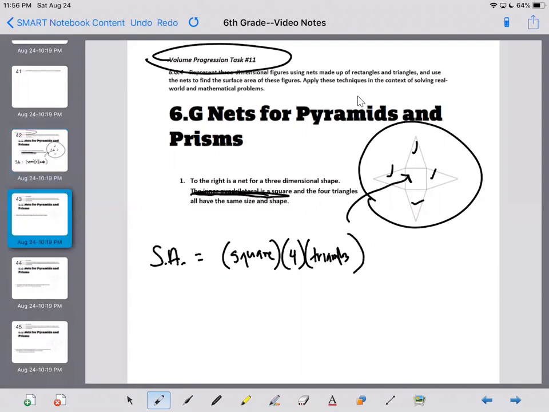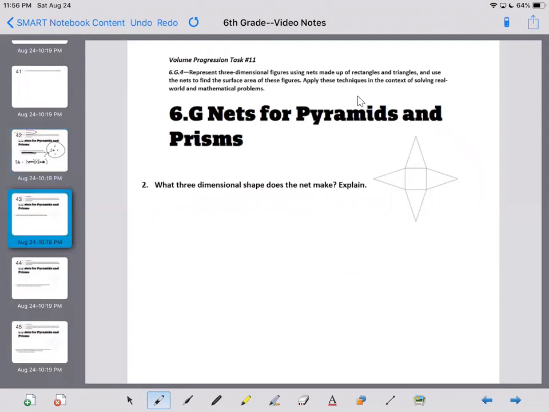All right, so what do we know? The three-dimensional shape, okay, what three-dimensional shape does this make? So we want to look at, well, what is this base? What's that base shape? Well, we said it was a square. And notice that when the 4 triangles come together, they come together at a point, right? So when they come together at a point, we're thinking of a pyramid, okay?